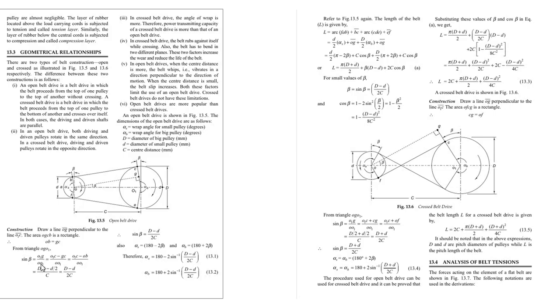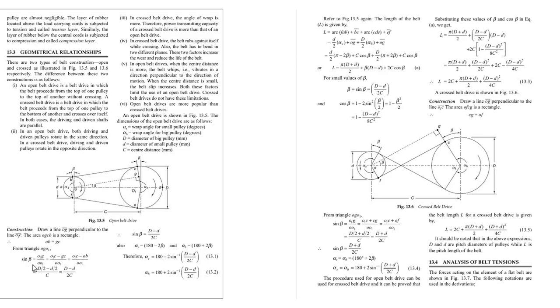So sine beta equals O1G by OO1, which equals O1C minus GC upon OO1. O1C minus GC is equal to O1C minus OB. O1C is the radius of the bigger pulley, while OB is the radius of the smaller pulley.